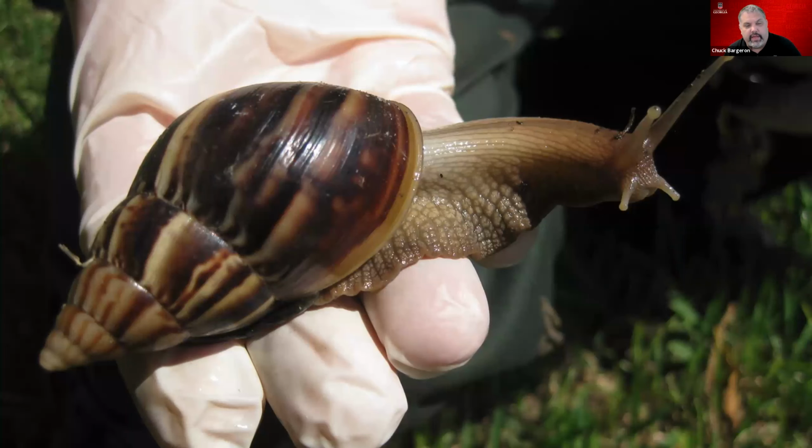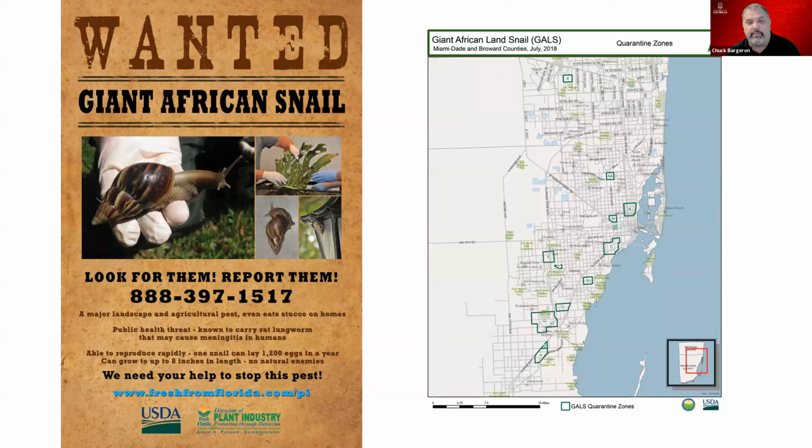One of the species that everybody across the U.S. is really concerned about and keeping an eye out for is the giant African snail. As you can see, that's somebody's hand holding the snail. They're about to wrap up the population in Miami now, but twice these giant African snails have gotten established in the Miami area.